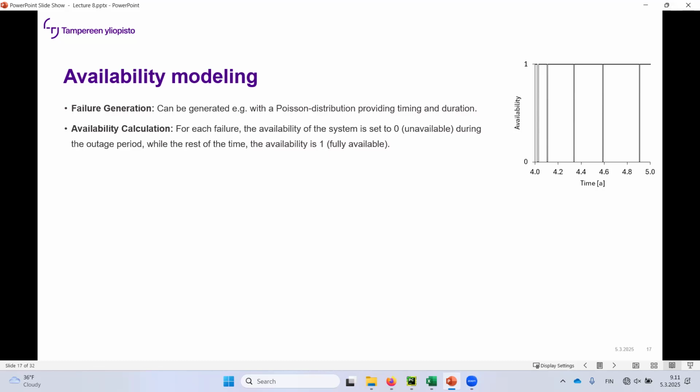So you can say that's the 4th year in my inspection cycle, and you can see there are dips. So based on the historical data of, for example, nuclear power plants, these kinds of incidents have been happening, and the duration of them has been something.